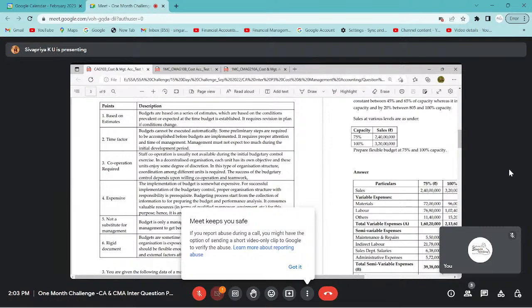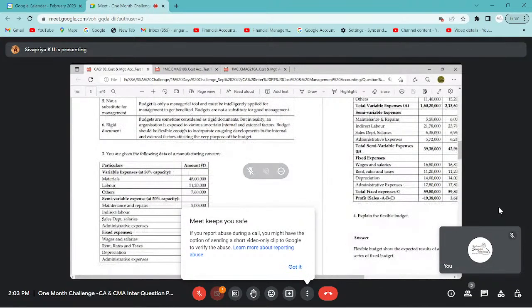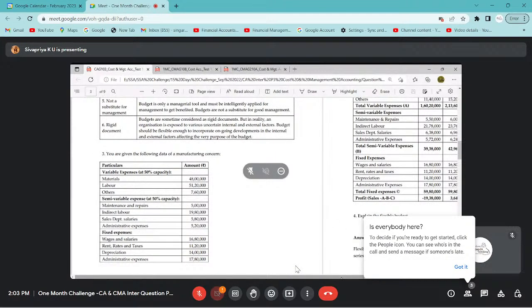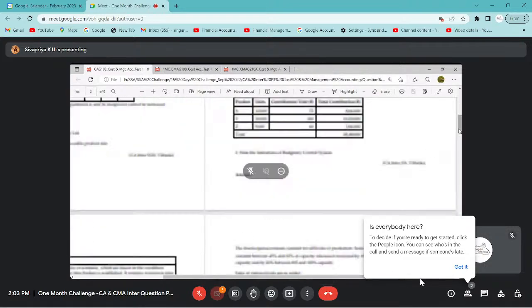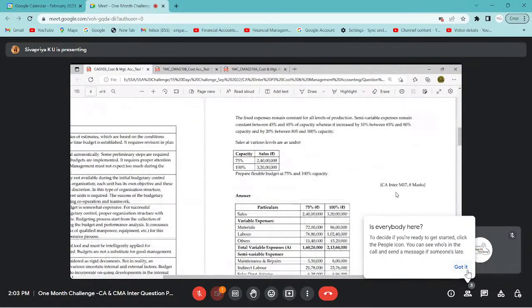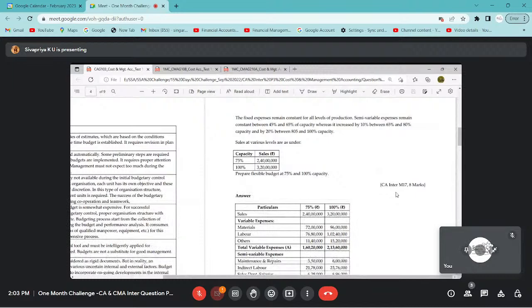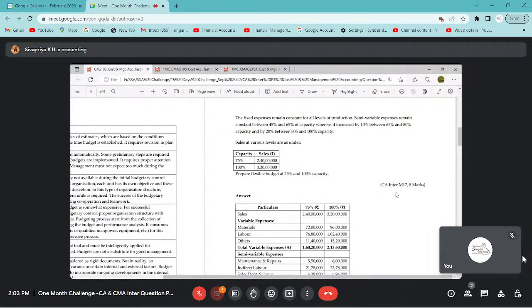The next one is question number 3. The details of a manufacturing concern are given, and here you have to prepare a flexible budget with the existing capacity, for 75% and 100% capacity.